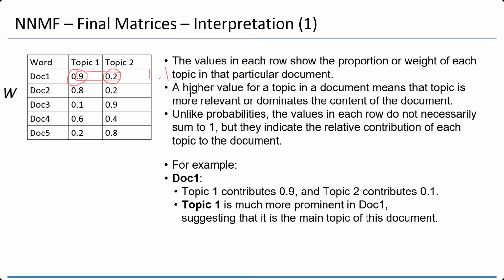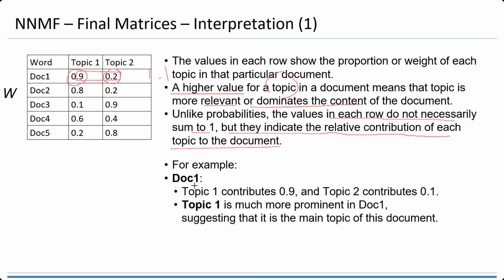But for sure a high value means the topic is more relevant or dominates the content of that document. The values do not necessarily sum to 1, but they indicate the relative contribution of each topic to the document.